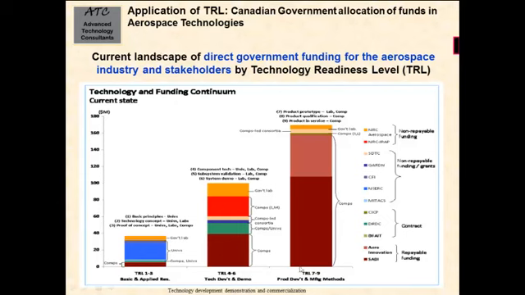The height of this is the amount of funding, which is maybe less than $40 million for all the projects within TRL 1 to 3, basic and applied research. Then they spend more money, up to around $100 million, for TRL 4 to 6, which is technology development and demonstration. And lastly, the largest amount of funding is distributed for TRL 7 to 9. And that's the nature of the work.